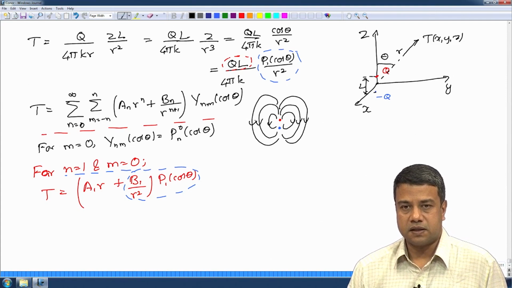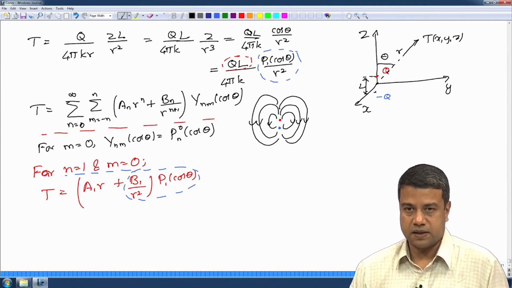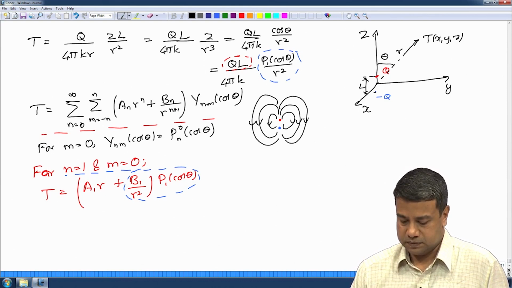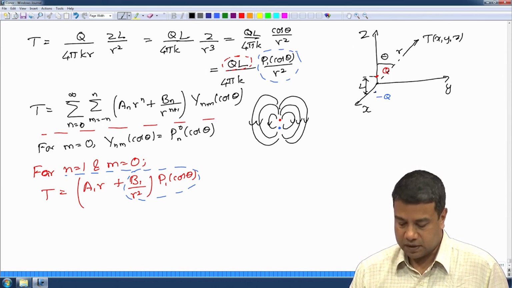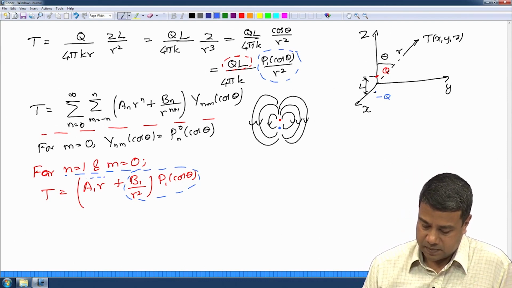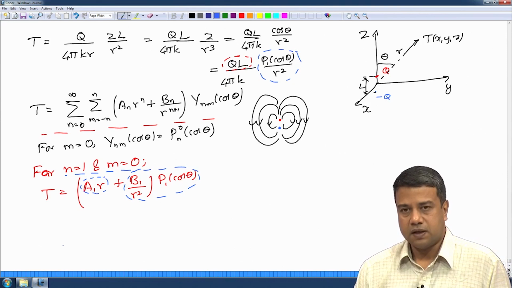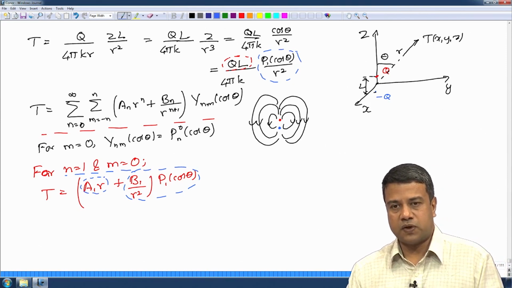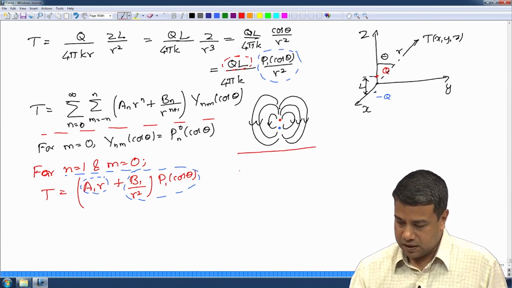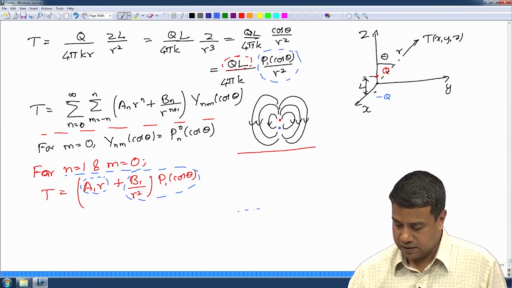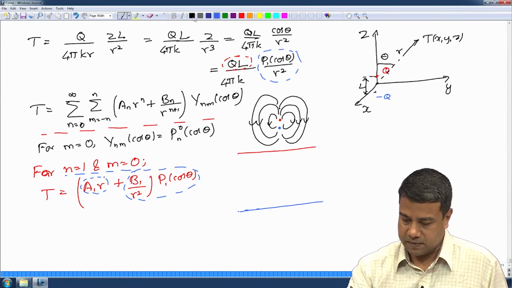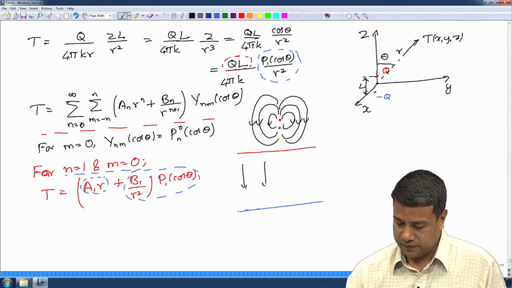These are the decreasing harmonics, the decreasing dipole solutions, that decrease as 1 over r square. There is a second term that increases proportional to r. Instead of having 2 points close to each other, if you have a source and a sink far from each other, the flux lines will look something like this between these two.